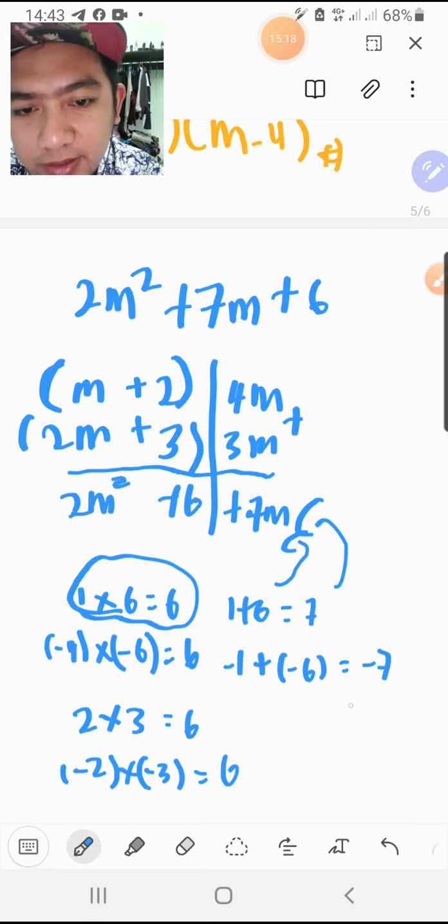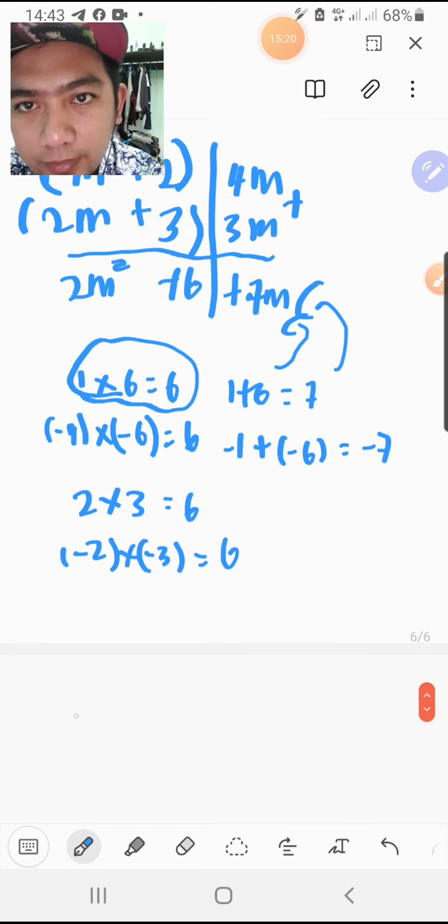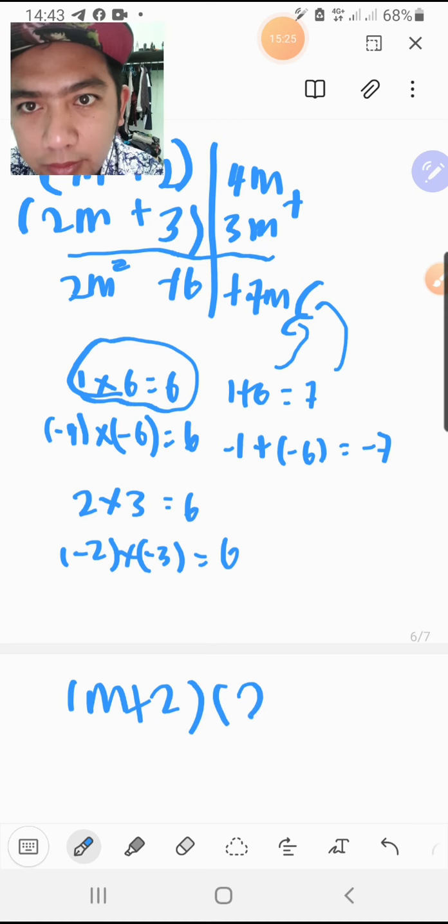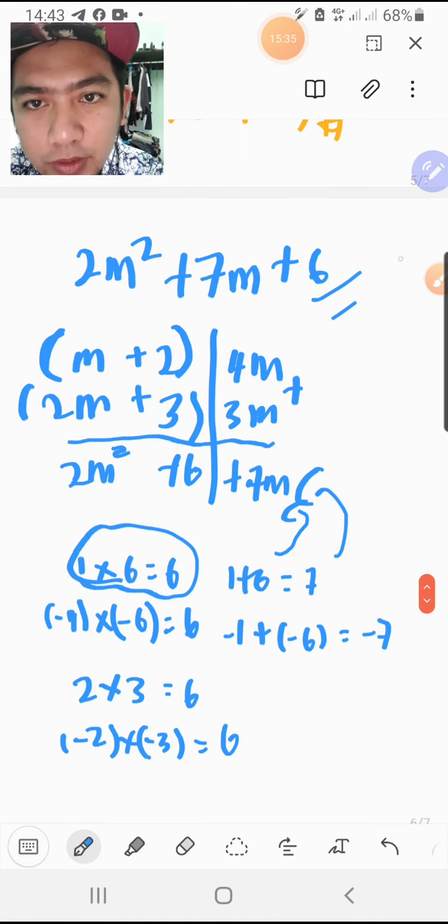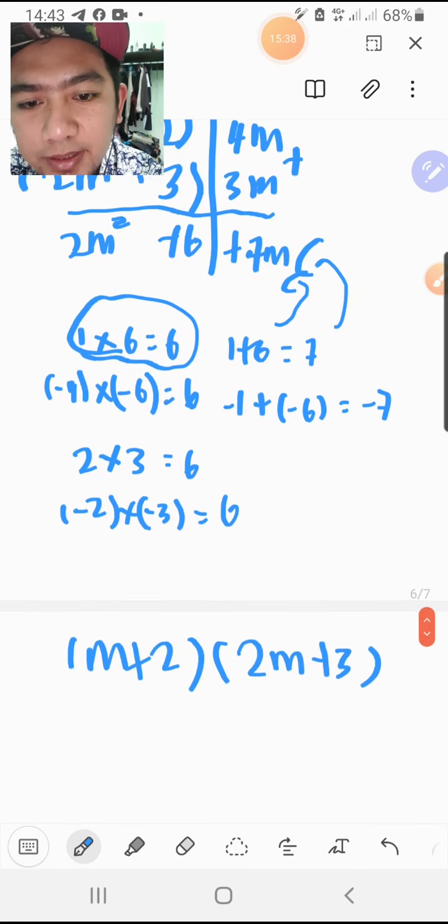So the factorization is m plus 2 and 2m plus 3. Actually if you multiply back, you expand, you will get back 2m squared plus 7m plus 6.